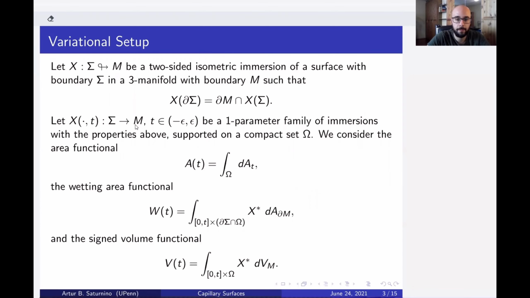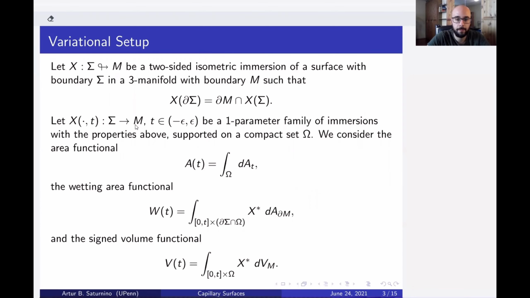But here we also have a boundary term, where it's again the product between the variational vector field and now this quantity here, where this is the conormal, and T is a vector which is tangent to the boundary of M and is normal to the boundary of sigma.